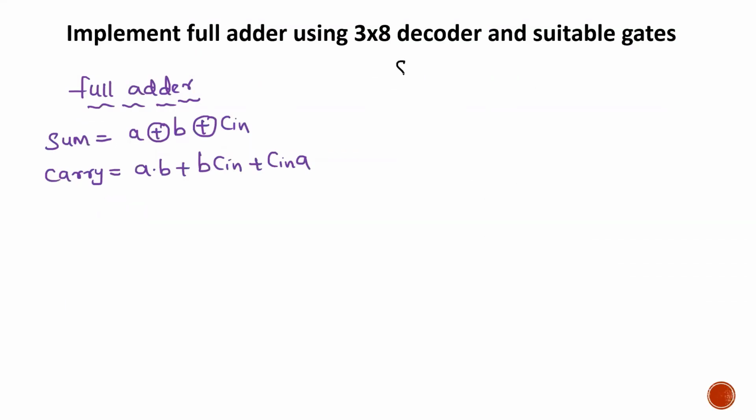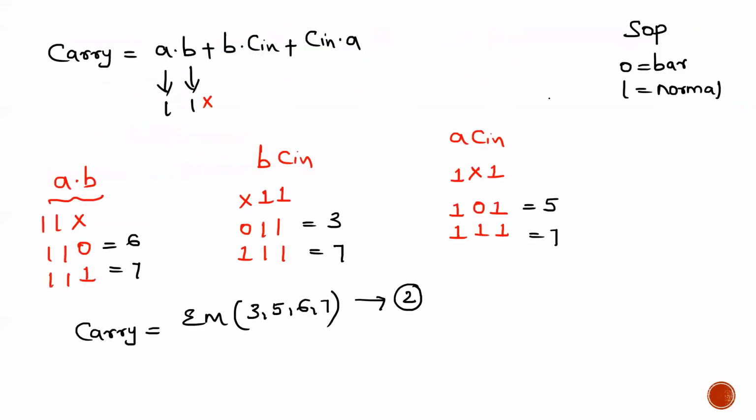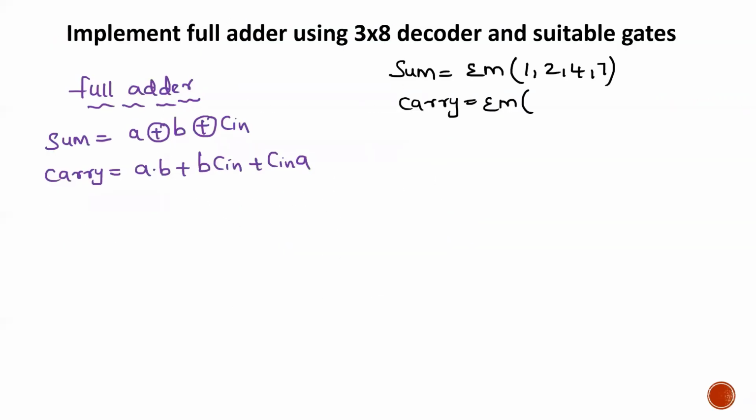So we got sum is equal to sum of minterms 1, 2, 4, 7. And for carry, sum of minterms 3, 5, 6, 7. Now he is asking you to implement this one by using 3x8 decoder. So 3x8 decoder means it contains 3 inputs and 8 outputs.